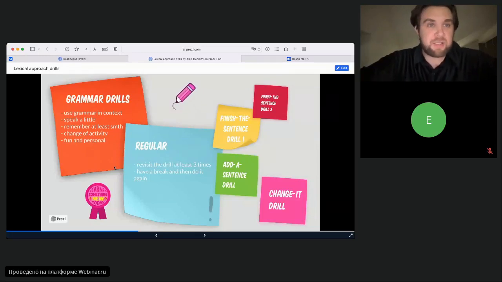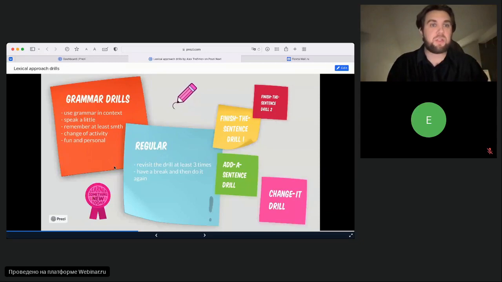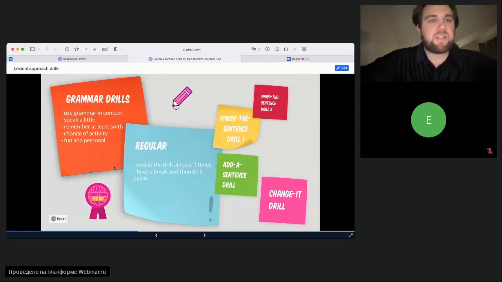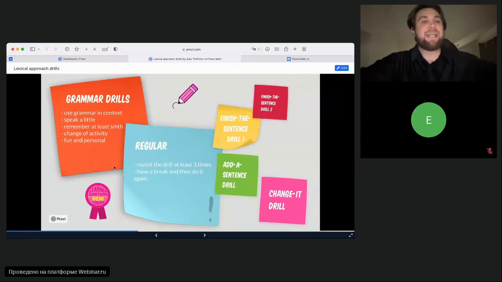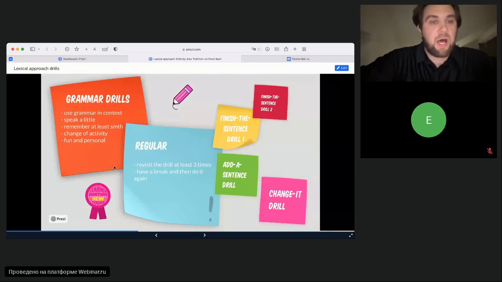They skip classes, they are late from time to time, and of course I need to do at least something, so I drill with them a lot so they can finish this semester of university and at least have some sentences and phrases in mind. It's a nice change of activity, and it's fun, and the students are talking about themselves, which is also fun.